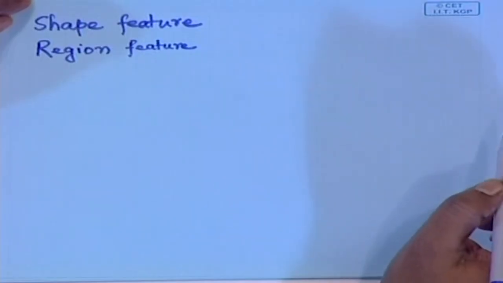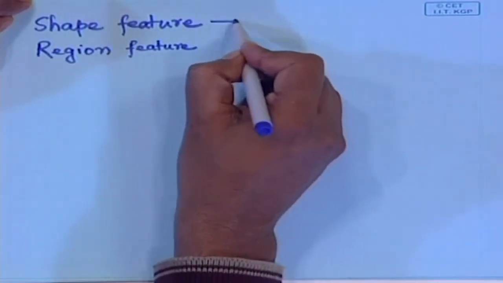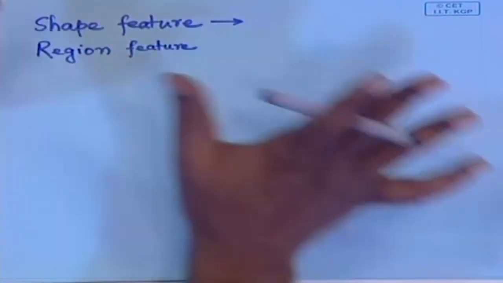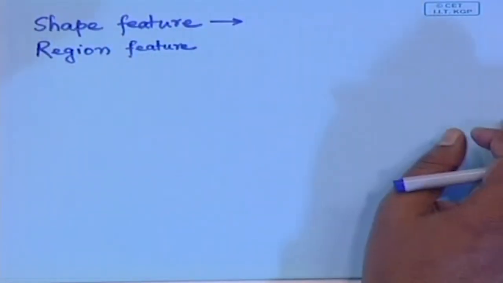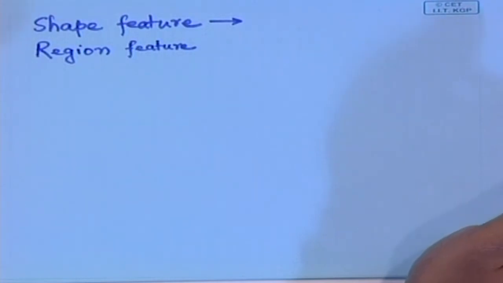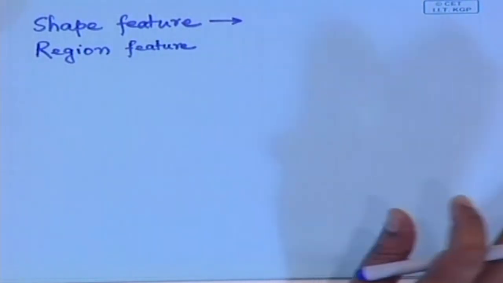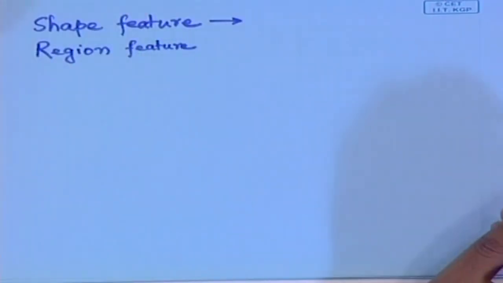The shape feature simply tells you what the shape of the object is, whether it is a rectangle, a sphere, a square, a circle, an ellipse, and so on, or it has some arbitrary boundary. That is what is told by the shape feature.